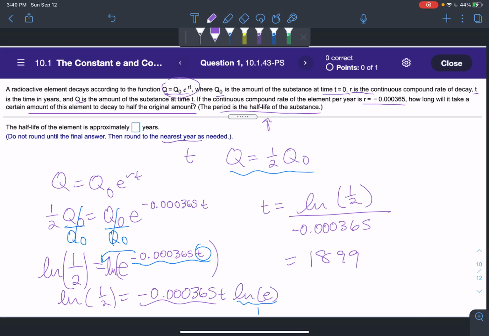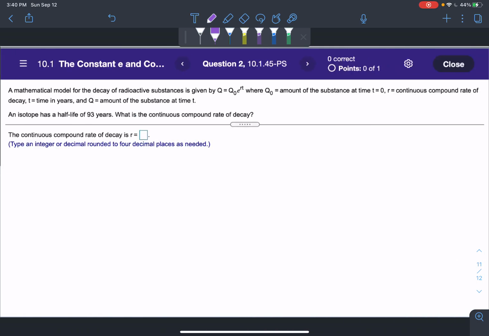It's kind of similar. Again, we have this formula, Q equals Q naught e^(rt). All the variables mean the same as the last problem. An isotope has a half-life of 93 years, and we want to know what is the continuous compound rate of decay.